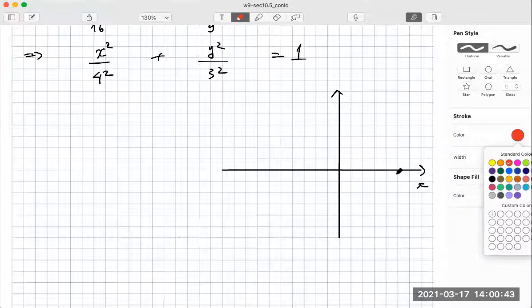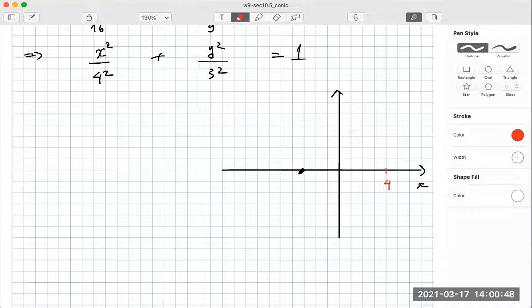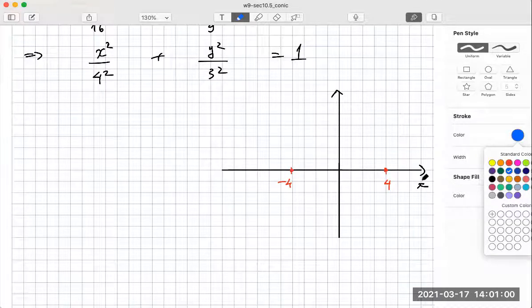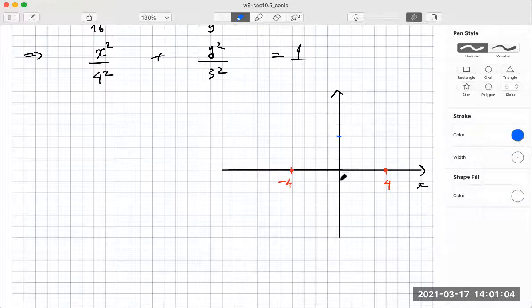Therefore, x will be? Yes, 4 and -4. So the ellipse will go through these points, okay? What are the y-intercepts? Yes, 3, 1, 2, 3. This point and this point, right?